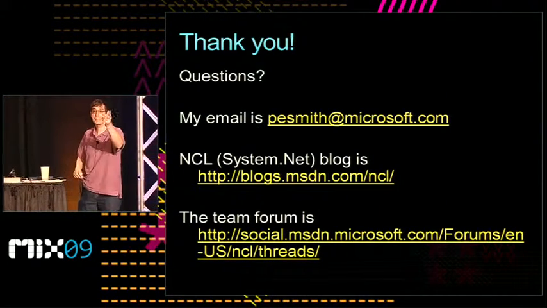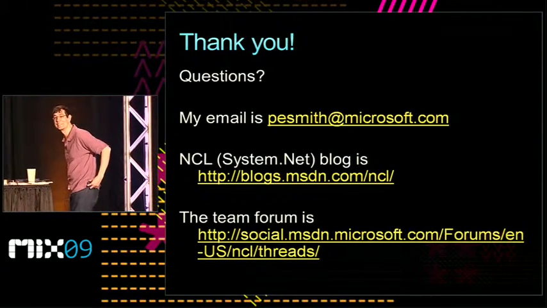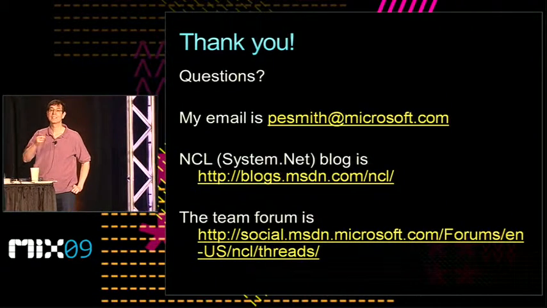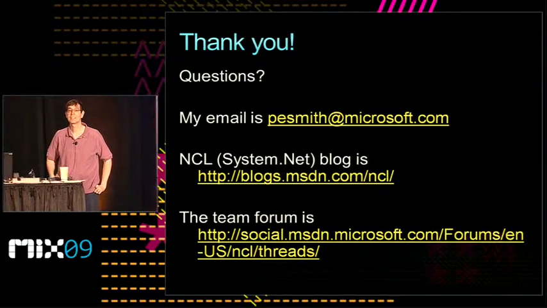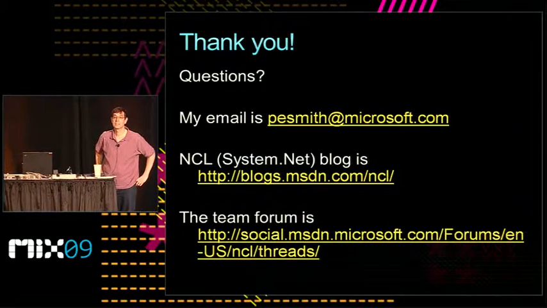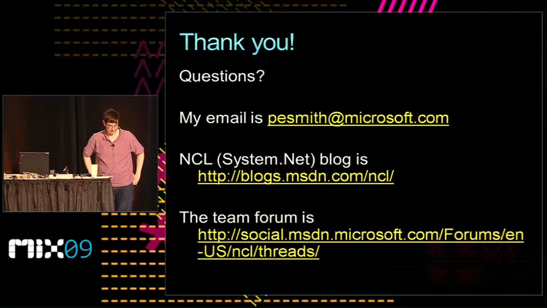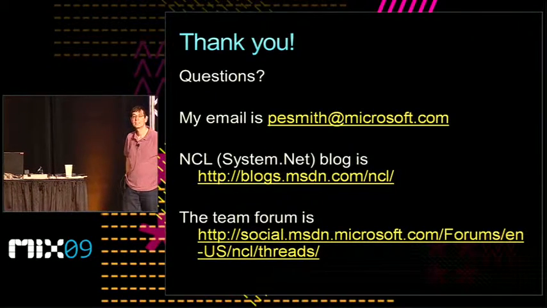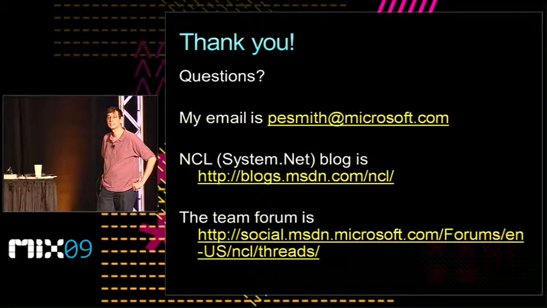So if there's any questions, please go to the microphone and ask. Do you have any best practice suggestions for when DNS is taking a long time to come back? You get a network event and you go to hit your server, but DNS takes a minute to time out.